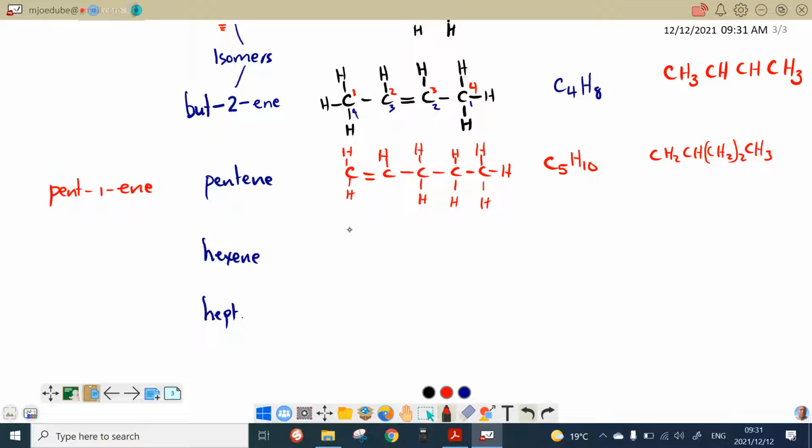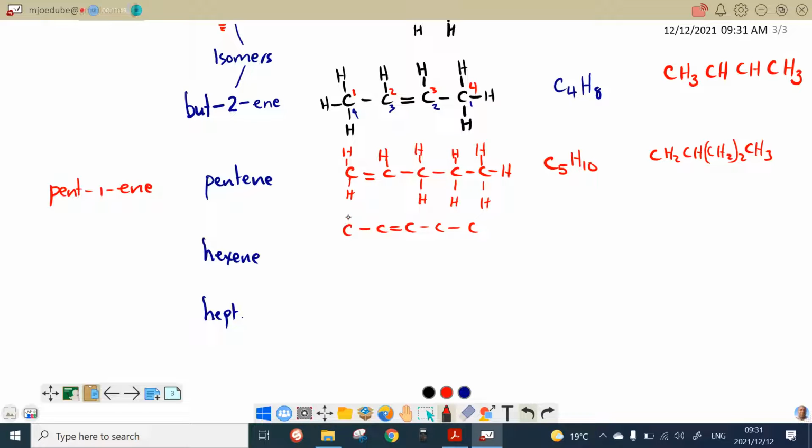It is possible that we could have had the double bond on carbon number 2, between 2 and 3. And then from there, you would say, okay, this is carbon number 1, that's carbon number 2, and then that would be carbon number 3.